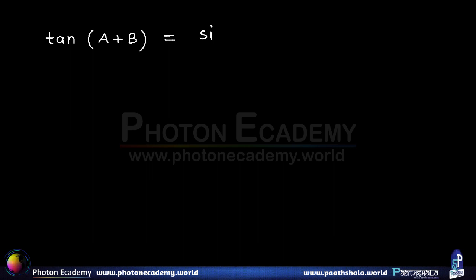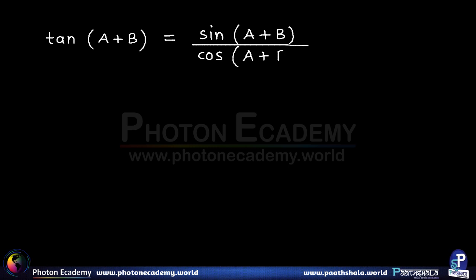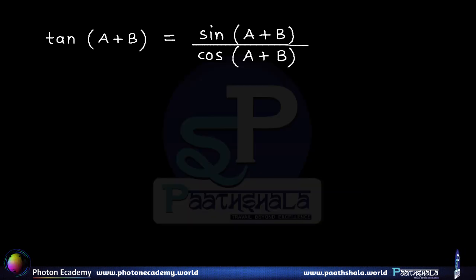So here tan can be written as sine upon cos, so therefore it's tan a plus b is equal to sine of a plus b upon cos of a plus b. Now our intention is to express the right hand side in terms of the tans of the individual angles, right?